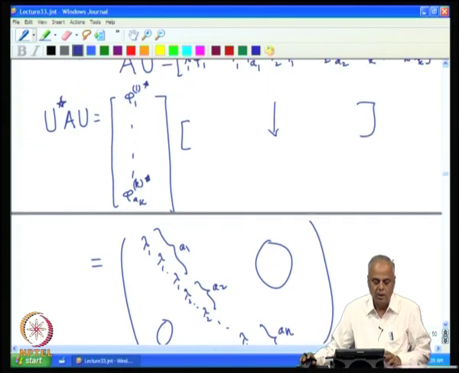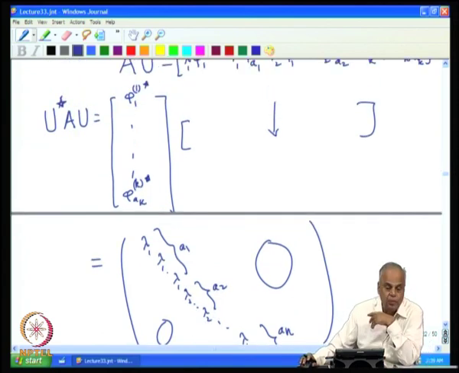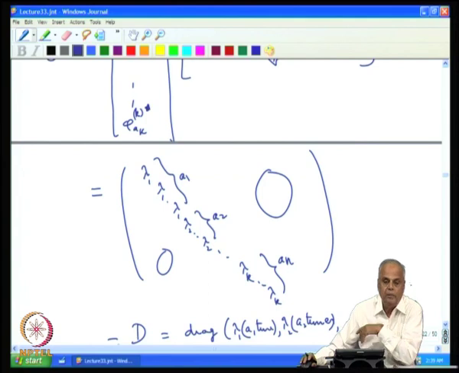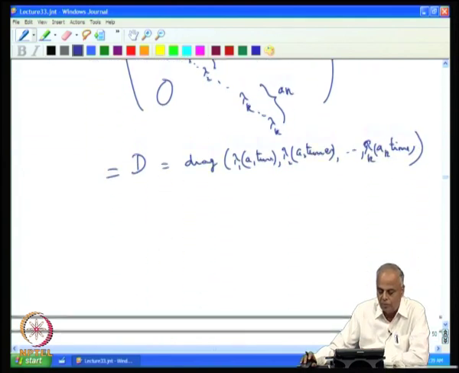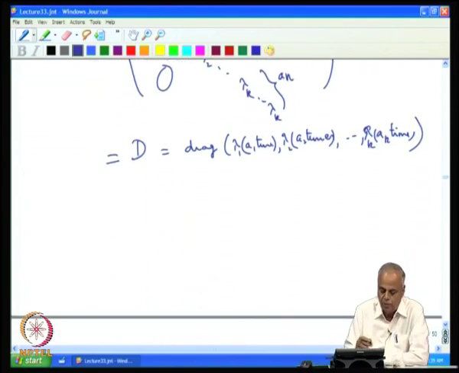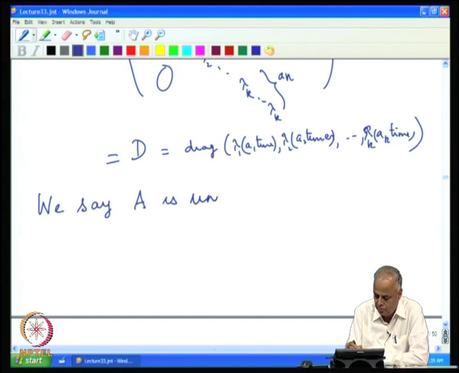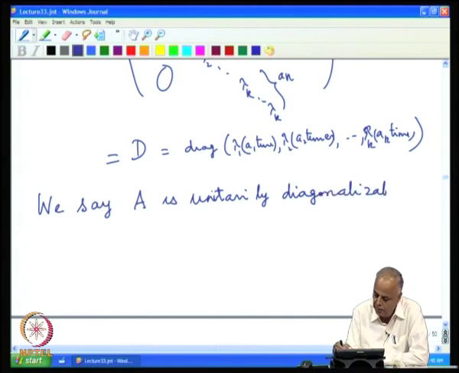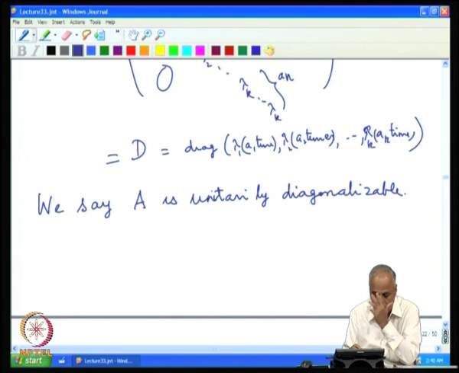So, we see that the matrix A is not only diagonalizable, but we have used a unitary matrix for diagonalization. Therefore, we say A is unitarily diagonalizable. Thus every Hermitian matrix is unitarily diagonalizable.